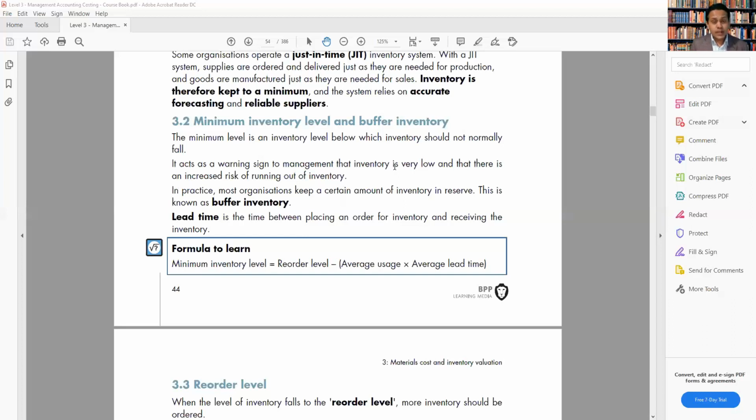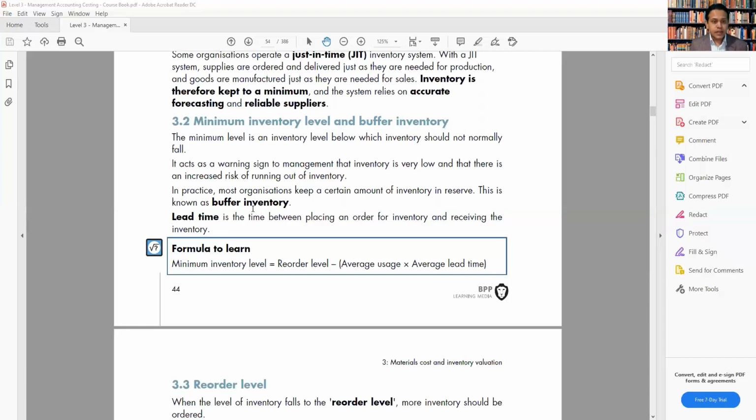I will not wait until it becomes zero. So you want to keep the minimum inventory level. Obviously, the definition here is: the minimum level is an inventory level below which the inventory should not normally fall. So this is basically the minimum inventory level. We understand it. There is no difficult point here.